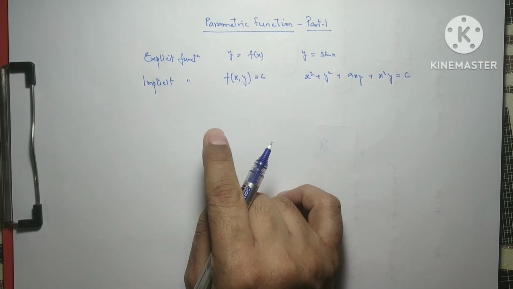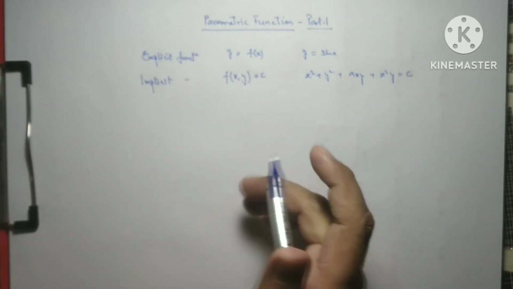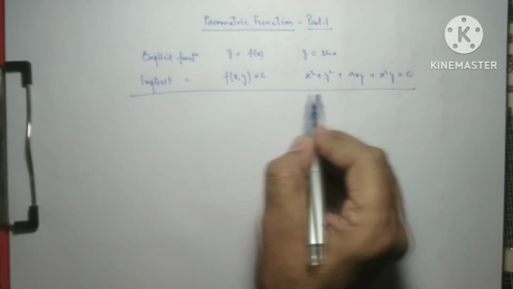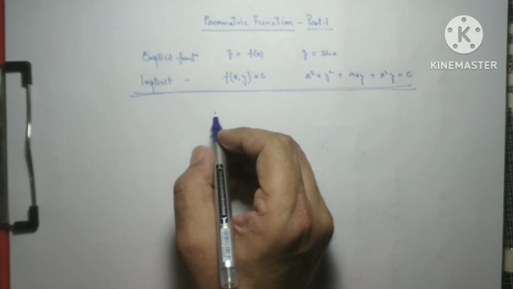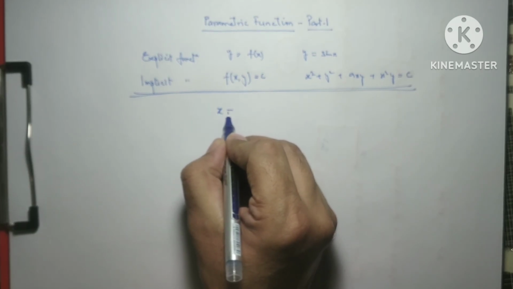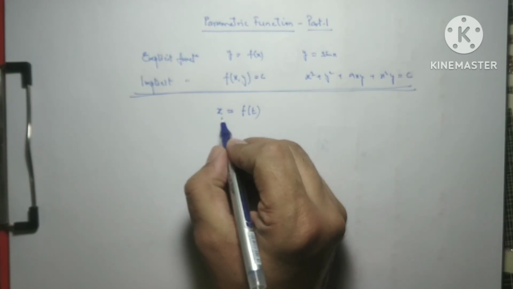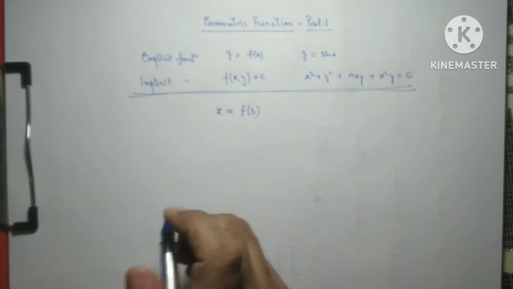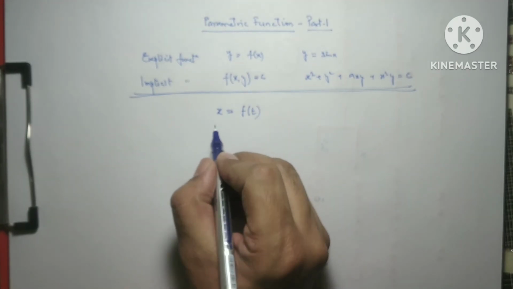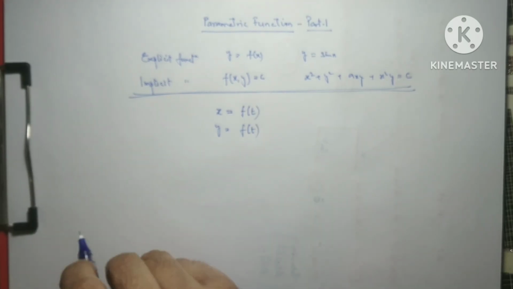When these variables x and y are again functions of another variable, just like t. So if x is represented as f(t), meaning x is a function of t, in the same way y is again a function of t.